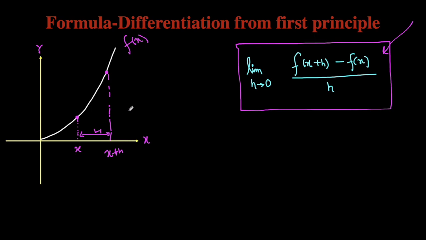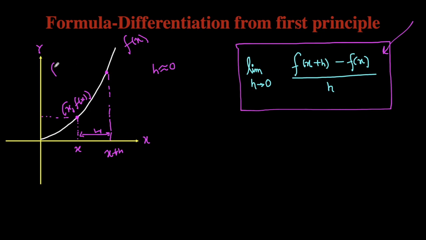Here you have to remember that h is a very small quantity, so h is nearly close to 0, or it can be 0.001. If this is x, then this value on the y will be f of x. So the coordinate of this is x comma f of x. Now what will be the coordinate of this?